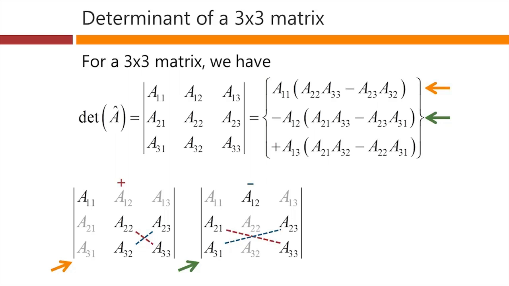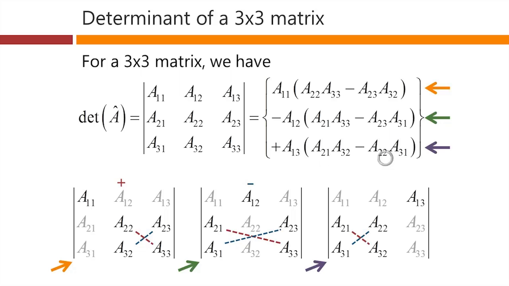And this term also has a negative sign overall. And finally, for our third term down here, we've got a13 times the sum of a21 times a32 minus a22 times a31. And this term here would have a positive sign.